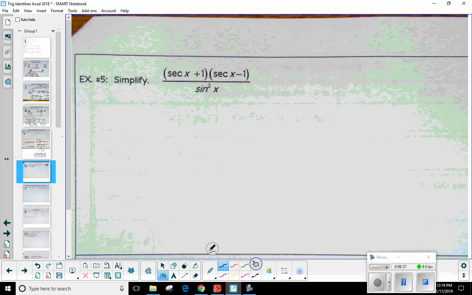Let's look at this one right here. Simplify: secant of x plus 1 times secant of x minus 1, over sine squared. Now I'll tell you this one also simplifies to just a single trig function. There won't be any fraction left.